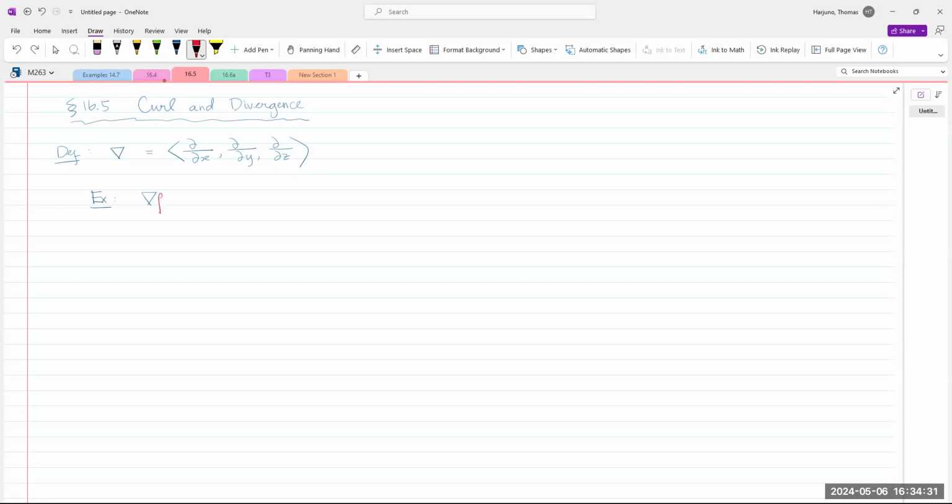Gradient of f is equal to ∂f/∂x, ∂f/∂y, ∂f/∂z. I hope you remember we used this quite a long time ago, maybe more than 1 month ago, when we had the directional derivative thingy.